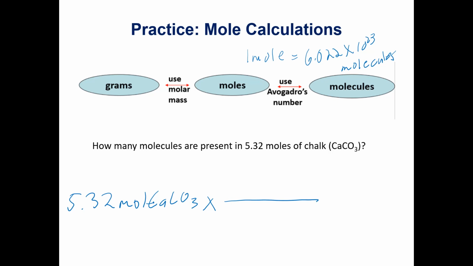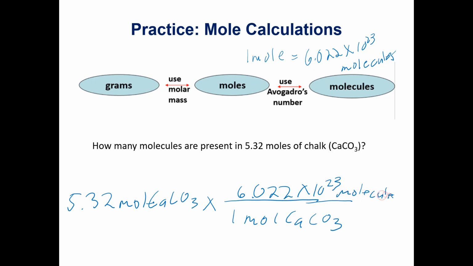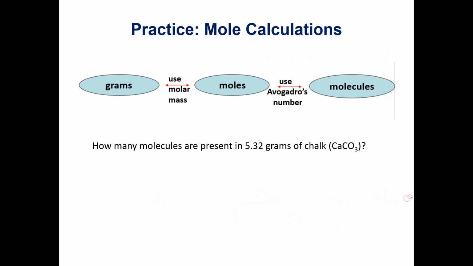So in this case we're going to use the fact that 1 mole is equal to 6.022 times 10 to the 23rd molecules as a conversion factor to get from moles to molecules. So 1 mole of calcium carbonate contains 6.022 times 10 to the 23rd molecules of calcium carbonate.